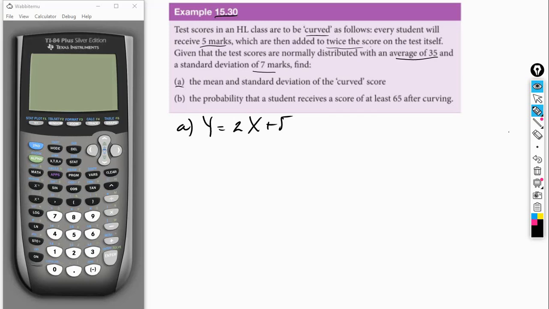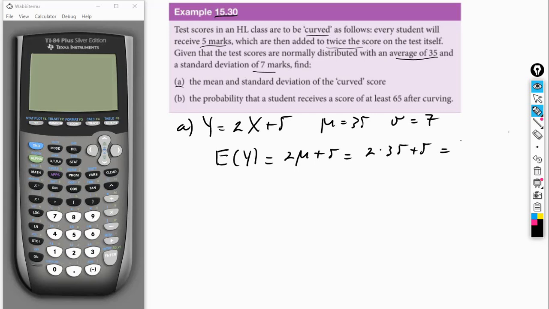So notice that they're giving us a mean of 35 and a standard deviation of 7. So the expected value for y is going to be 2 times mu plus 5. In other words, 2 times 35 plus 5, and this gives us 75.